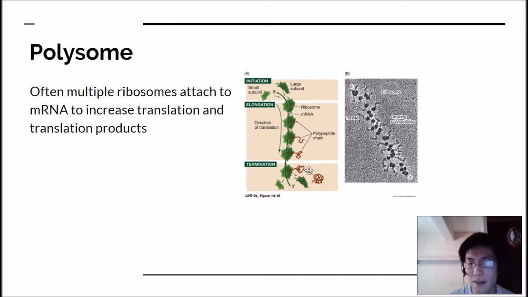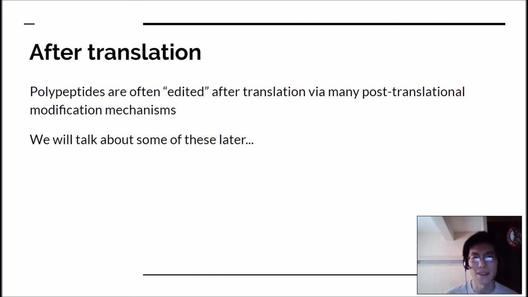And this polypeptide sequence, which is now a new protein, can then be changed and edited in many ways. But by having multiple ribosomes attached to the mRNA, you can increase the translation product. So you can increase the amount of protein output simply by having more ribosomes read and synthesize and attach themselves to the mRNA. So I hope that made sense.